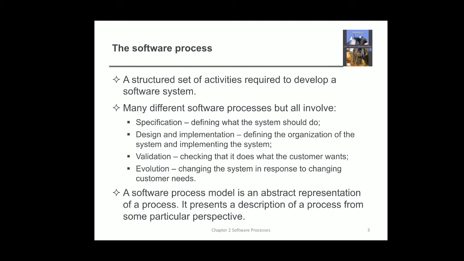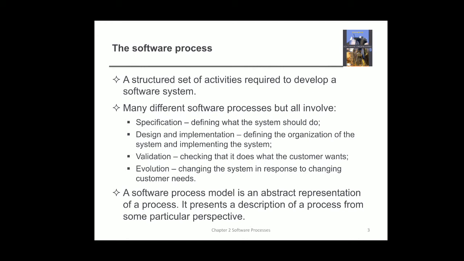First, let us have a look at specification. In software specification, the functionality of the software and constraints on its operation must be defined. Here we are going to define what the software actually does and what the constraints are under which the software is going to work. That is your software specification.